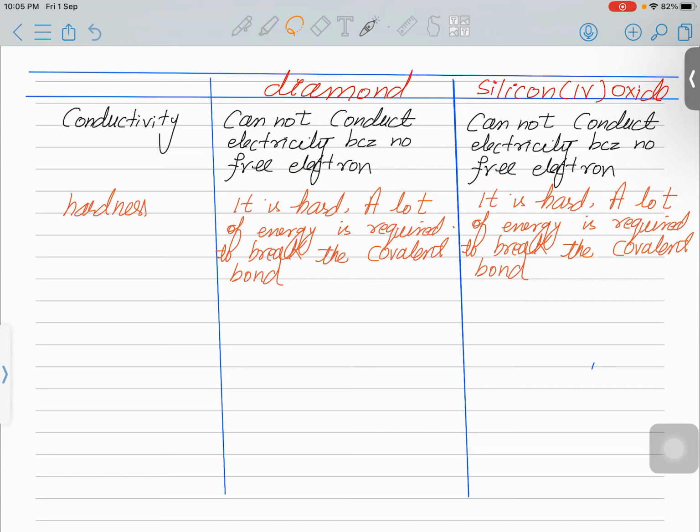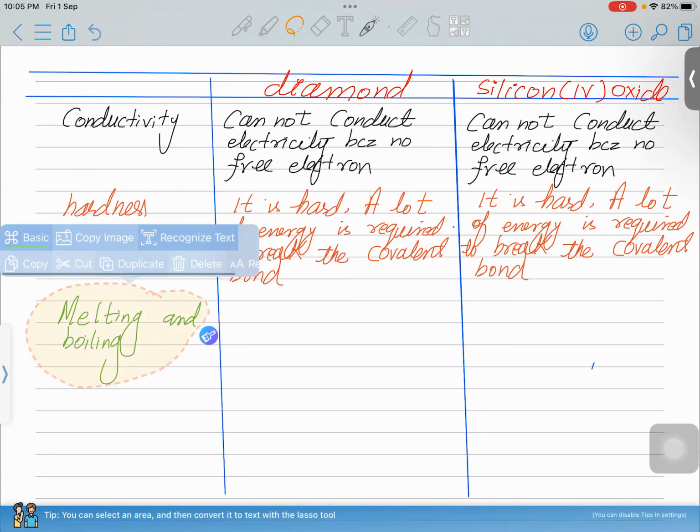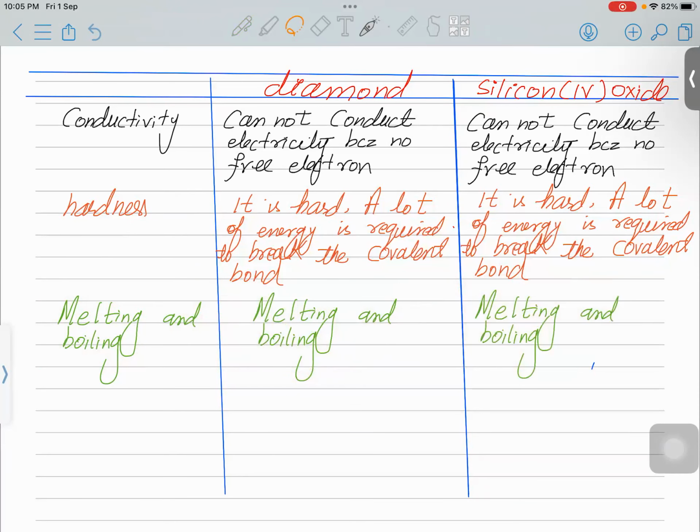Now tell me melting and boiling point. Yes, sir, so you can say silicon dioxide and diamond are both the hardest. It's not like one is harder than the other. So high melting and boiling point because of the strong covalent bonding, right? Yes, sir.